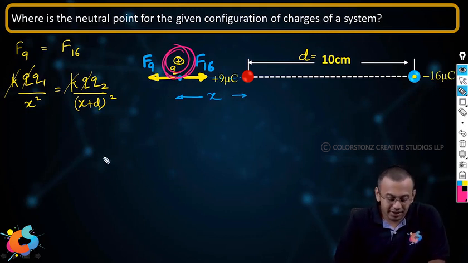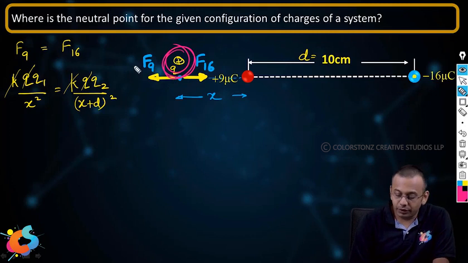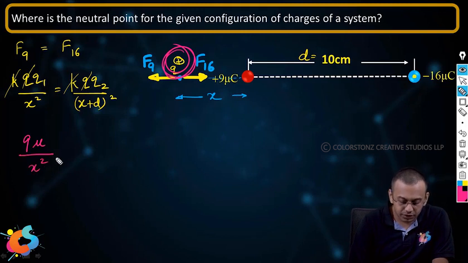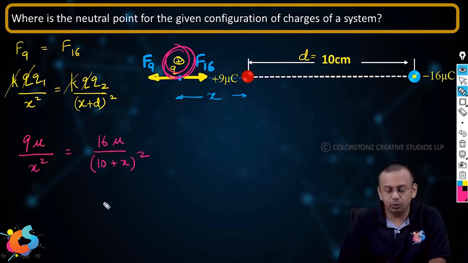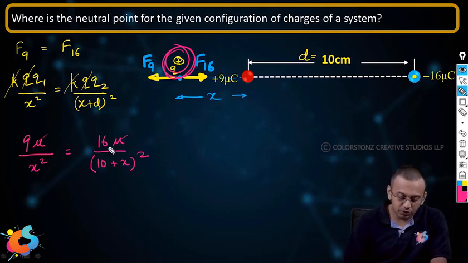All right, so now if we continue solving, Q1 is 9 microcoulomb, I'll just write it as 9 mu, over x square, whereas Q2 is 16 microcoulomb, so I'll write 16 mu, and distance d is 10 centimeters, over (10 plus x) whole square. So this mu goes away. Now to simplify this, we need to take the square root on both sides.